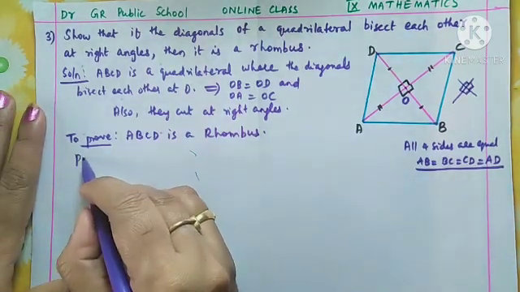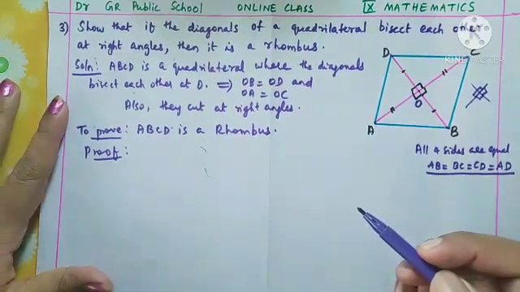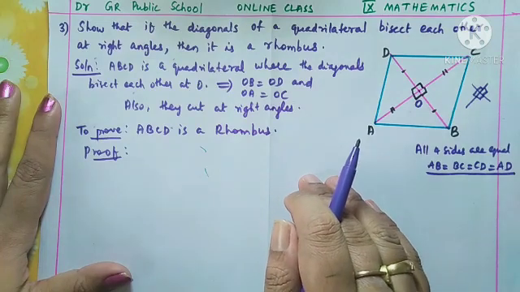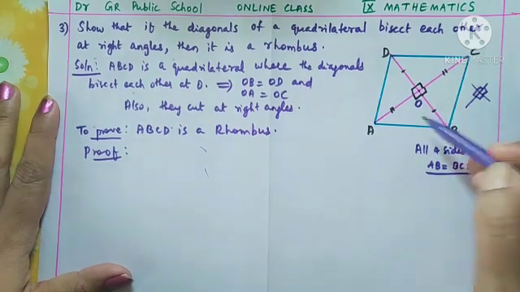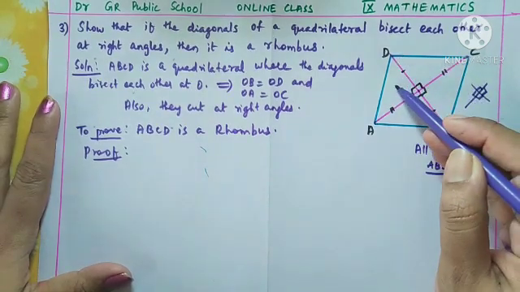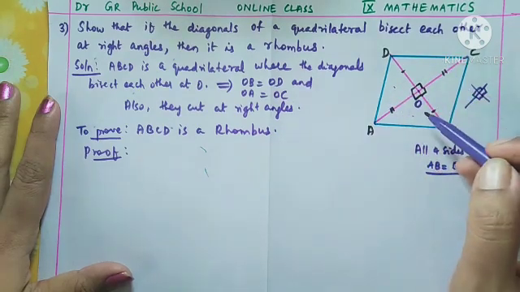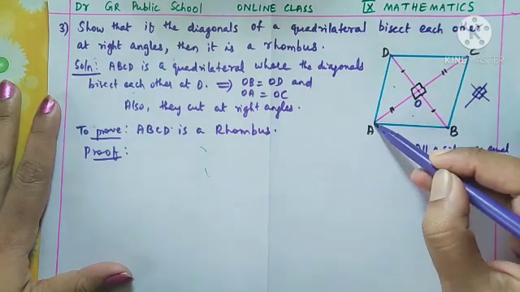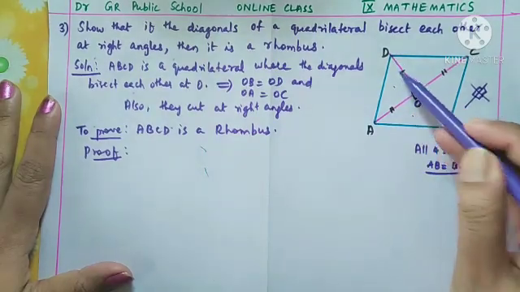So what is the proof? How are we proving this is a rhombus? So listen carefully. Here in this problem we are going to consider two triangles. All of you see here, when the two diagonals are intersecting we are getting four triangles. Here 1, 2, 3, 4 triangles we are getting. So first we are going to consider two triangles, that is AOB, this triangle, and AOD, this triangle.